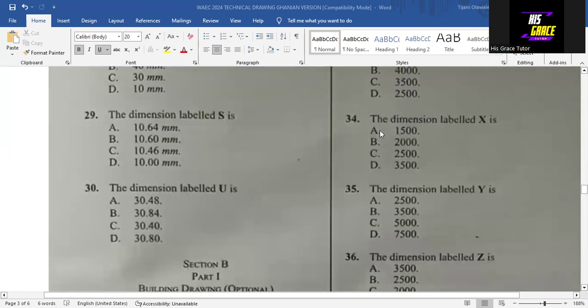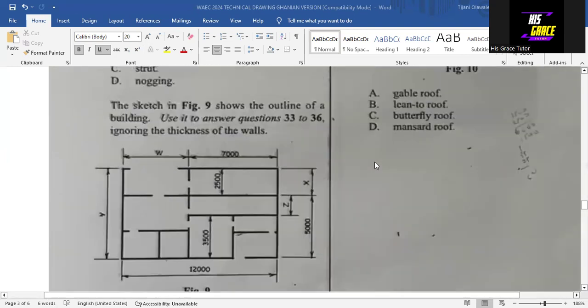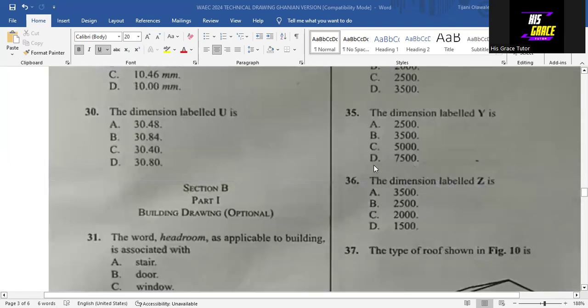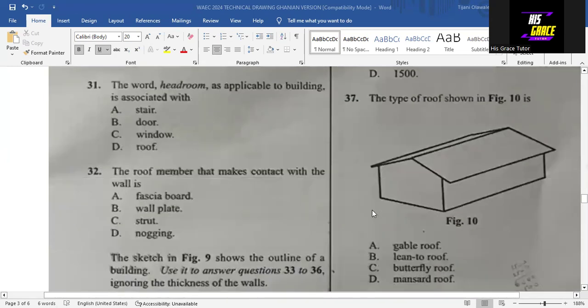Then question 34, the dimension labeled X is the distance from here to here, which is equal to this distance from here to here. So dimension labeled X is 2,500. So that makes option C the answer to question 34. Then question 35 says that the dimension labeled Y is, so let's go and see.